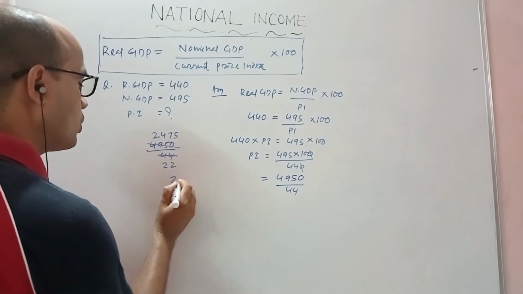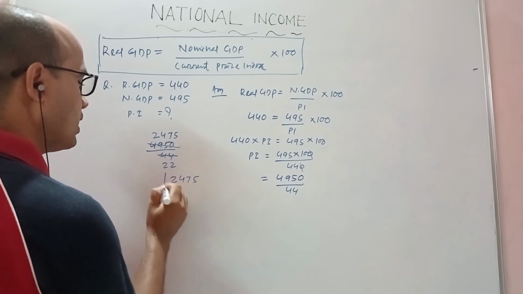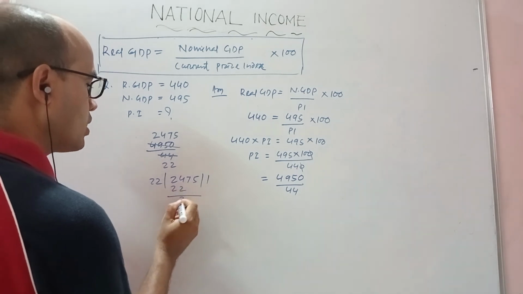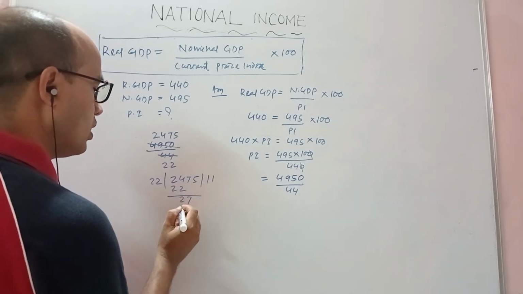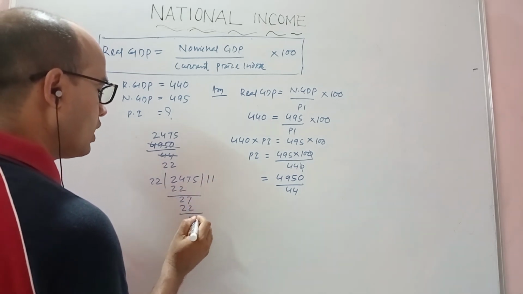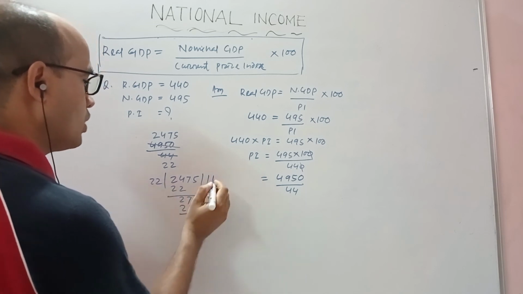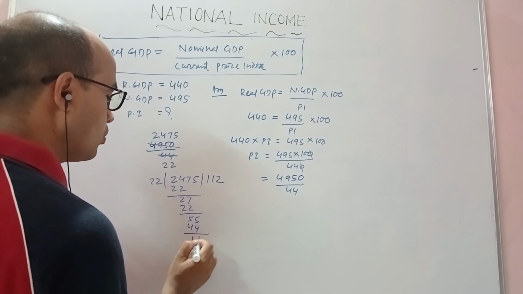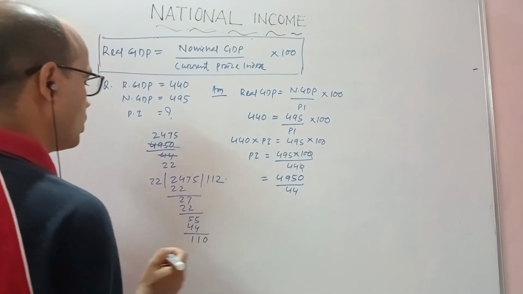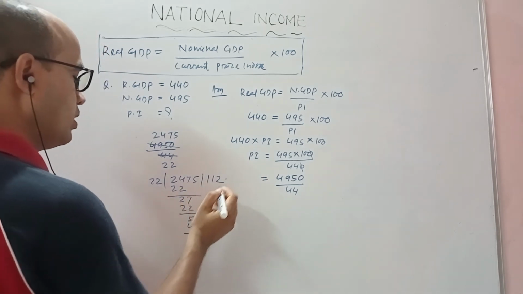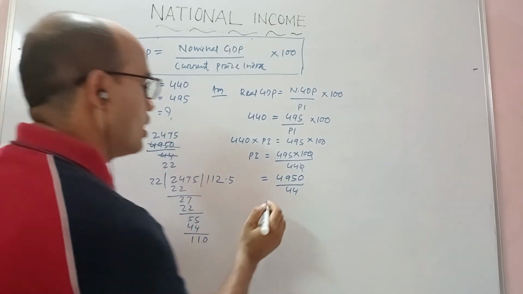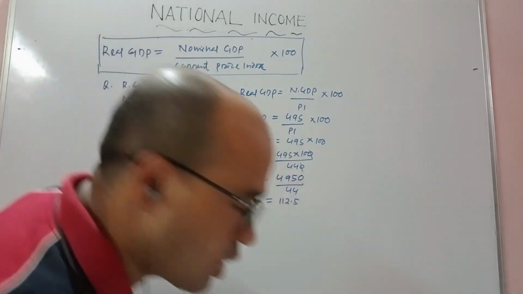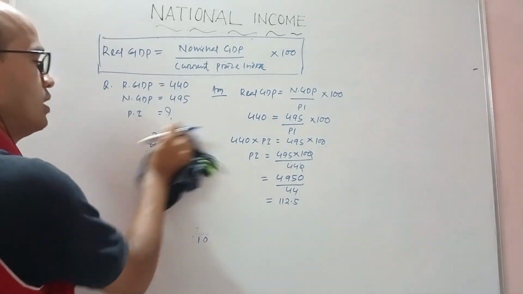So what you do now? 2475 divided by 22. Then 1, 22. Then 7. You can find out 1, 22. Then 5 means 2. It is called 44. 1 1 decimal 0. Then you can find out 5. Your answer is 112.5. So dear students, this is the answer of this question.